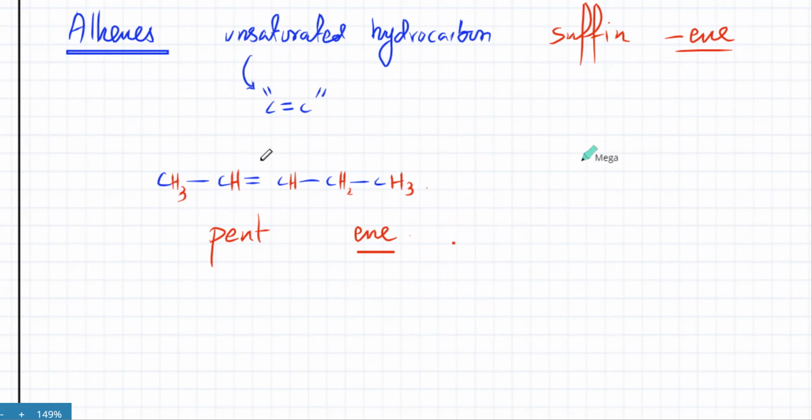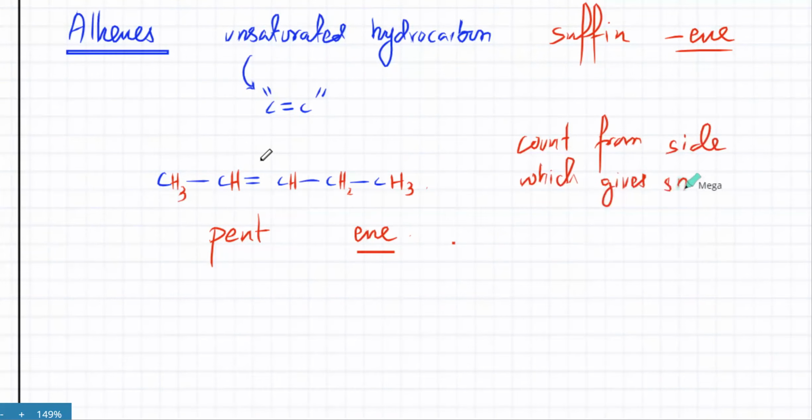If it's only an alkene, we'll keep the counting very basic at the moment. You count from the side which gives the smaller number to the highest precedence group, the most important group, let's say.